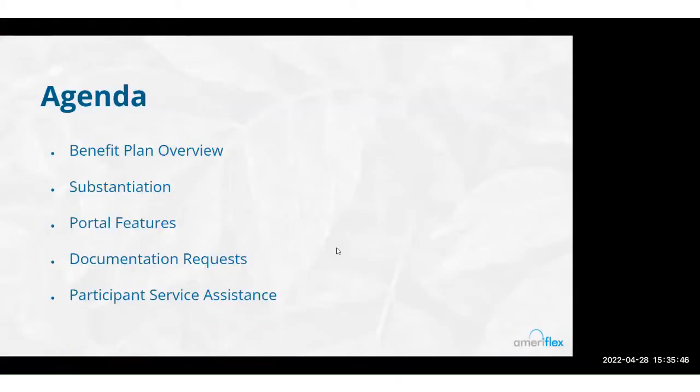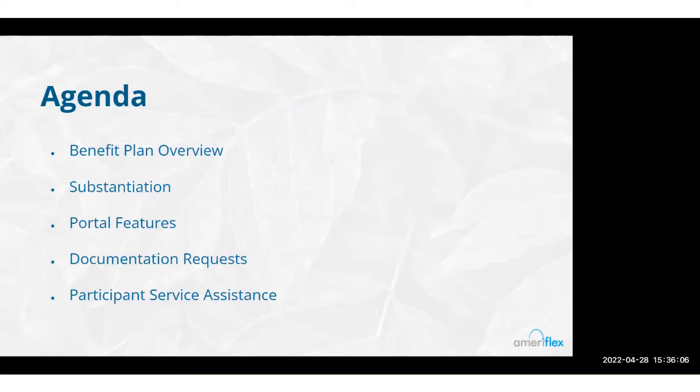All right, so a little bit about our agenda today. We're going to go over a brief benefit plan overview. We're going to talk about some of the substantiation and the documentation requests that you might receive from using your Ameriflex cards or submitting claims. We're going to go over some of the Ameriflex online portal features.